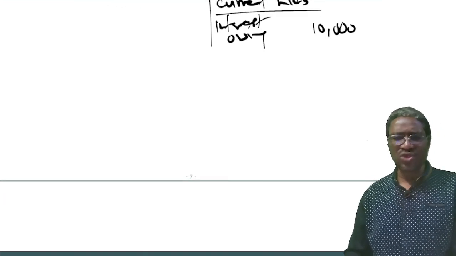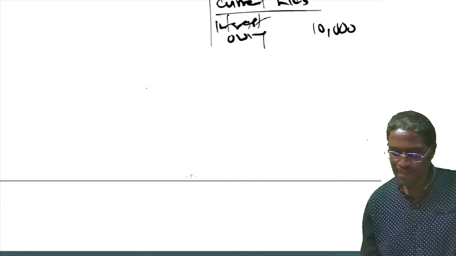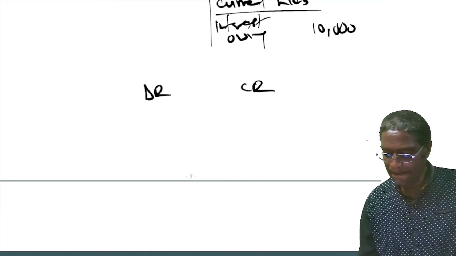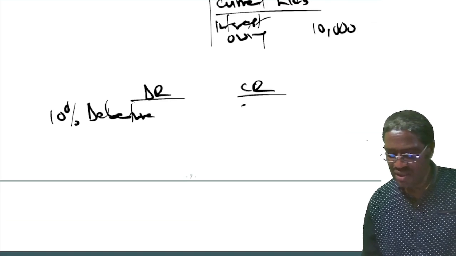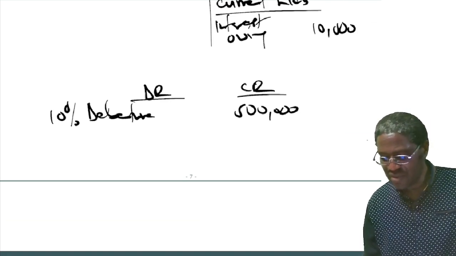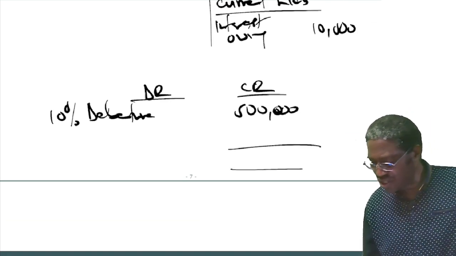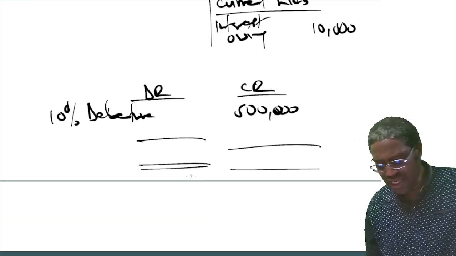In the same financial accounting, sometimes the examiner could give you a trial balance that gives you 10% debentures, 500, and in that trial balance, there is nothing like interest.